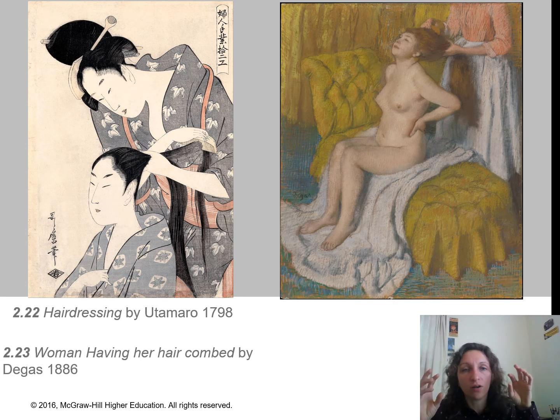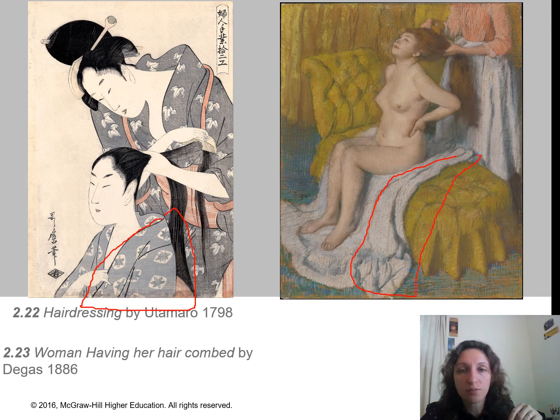The woman who's doing the combing of the hair is behind in the same way. There's the same distances. The fabrics are very important. There's all this fabric that's being illustrated here and then also here. So artwork sometimes feeds itself or influences itself.